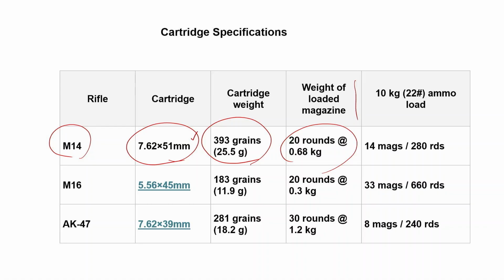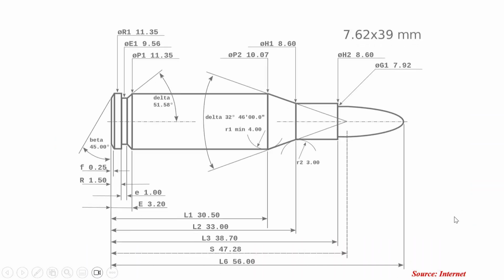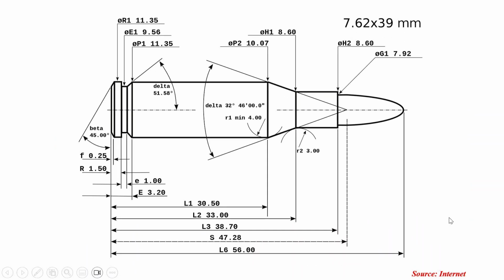These are the different types for M16 and AK-47. So, different cartridge weights are there. This is the overall idea of cartridge specifications. These are the different dimensions. You can see this is the bullet dimension; we are not going into detail.